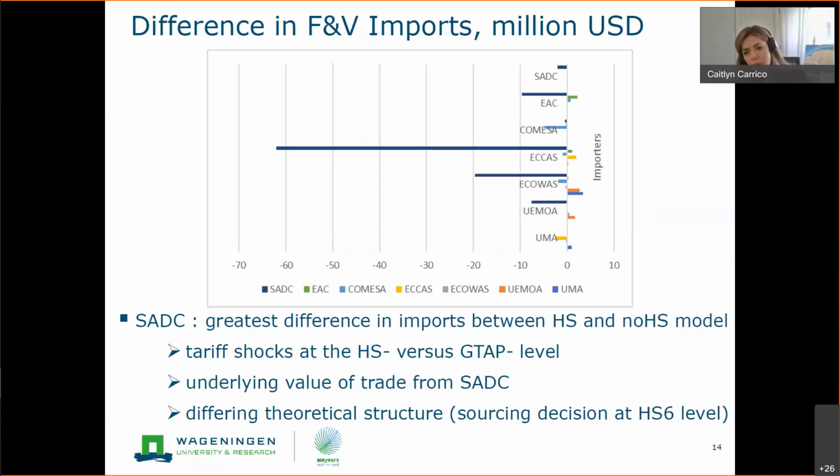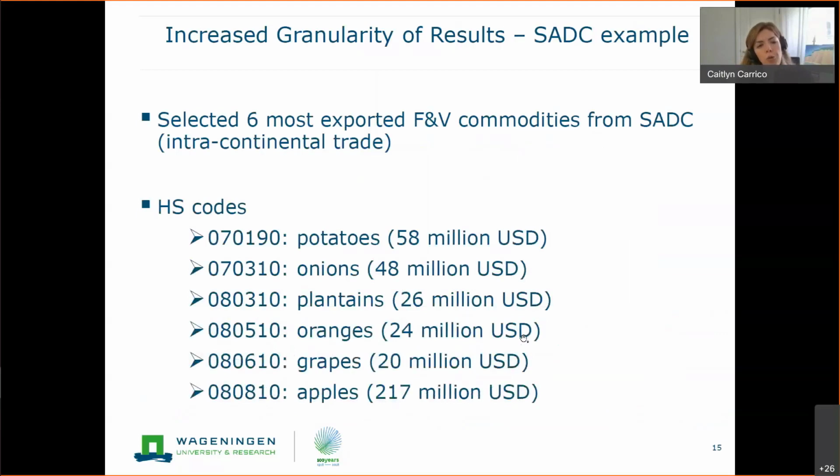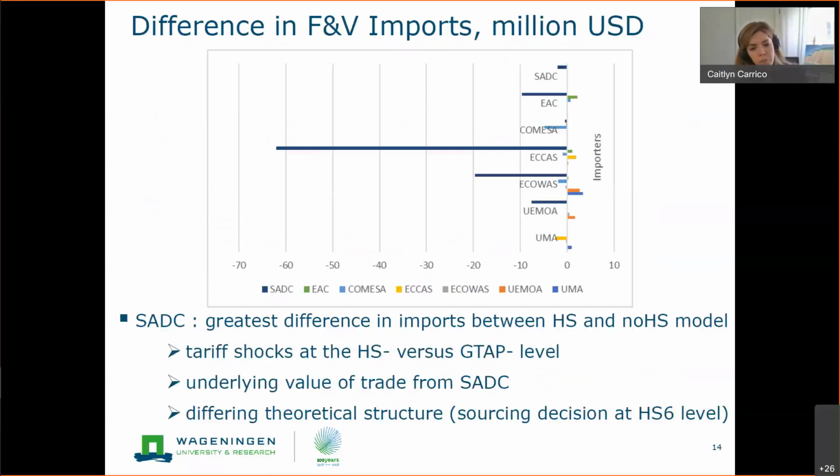And then we also have the introduction of the super agent. So you have the homogeneous prices across importing agents. So this slide highlights where these differences are coming from.